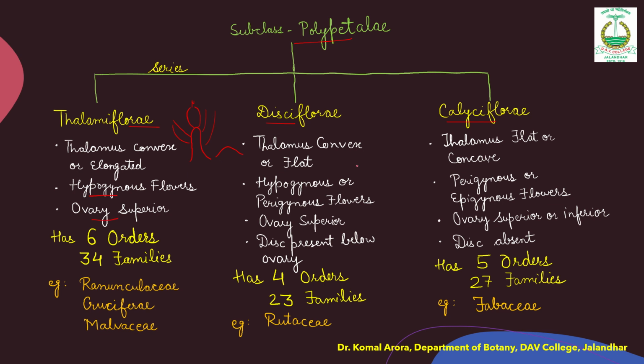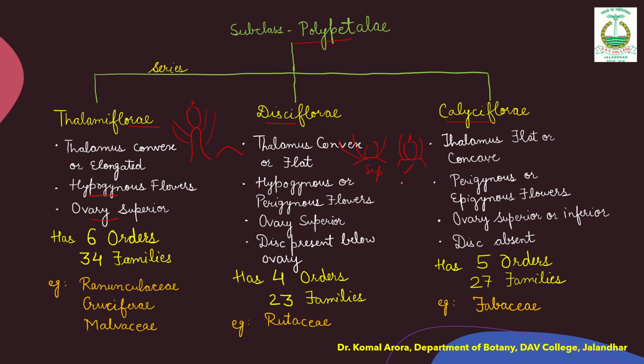In Disciflorae, the thalamus is either convex or it is flat. So because of that, if it is convex, then it will show the superior ovary, means all whorls are arising below the ovary. Whereas if it is flat, then we call that the whorls are half superior, half inferior, since they are arising from the same level.